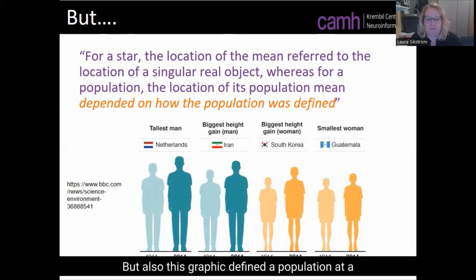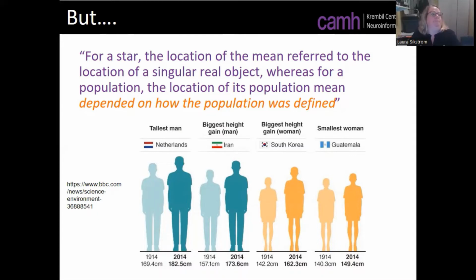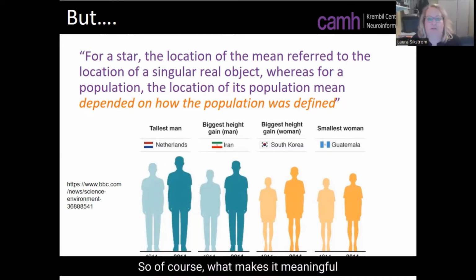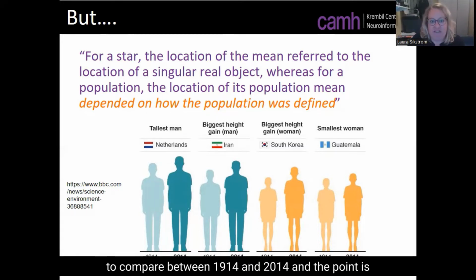But also this graphic defined a population at a single moment in time, in 1914, 2014 to look at change. So, of course, what makes it meaningful to compare 1914 to 2014?